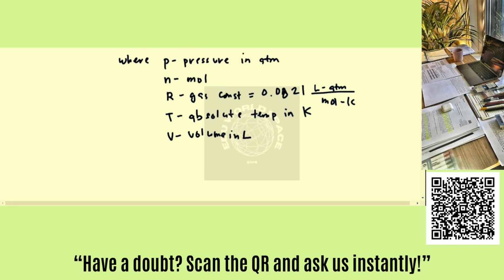So suppose we have carbon dioxide gas, whose pressure is equal to 0.972 atmosphere, and it occupies a volume of 0.940 liters at a temperature of 298 Kelvin.